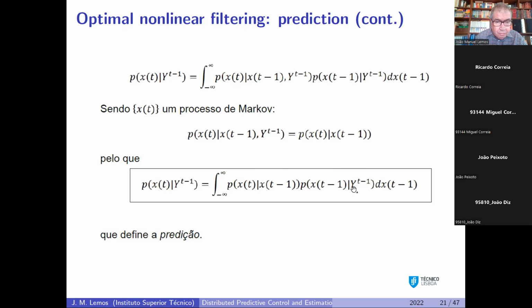This is a kind of convolution integral that defines the prediction. So I compute P of xt given the observations up to time t minus 1 from P of xt minus 1 given the observations up to time t minus 1. I do this multiplication with this term that depends on the dynamics, and then I do an integration. And that defines the prediction.